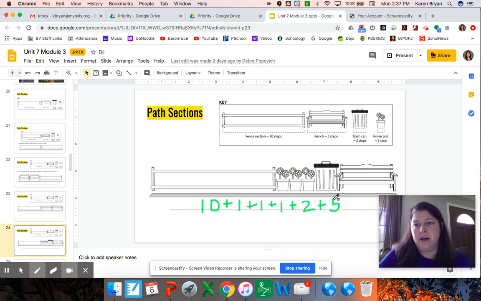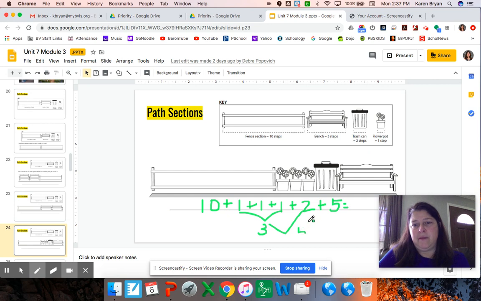Take a look at all these add-ins that we have in our equation. So again, we're going to treat this just like we would if we had 3. We're going to see if we can put some things together. So I'm going to take these 3 ones, and I know that they make a 3. And guess what? I'm going to use that 3 again because I know that 3 and that 2 can make a 5.